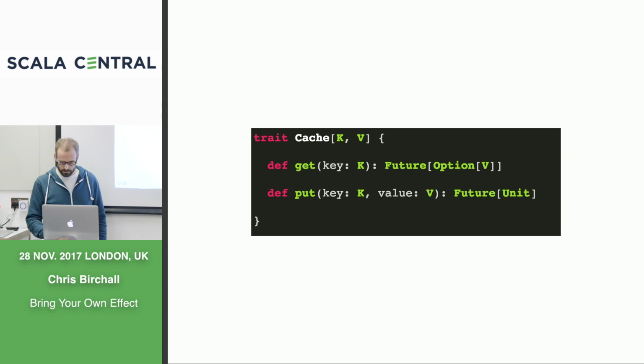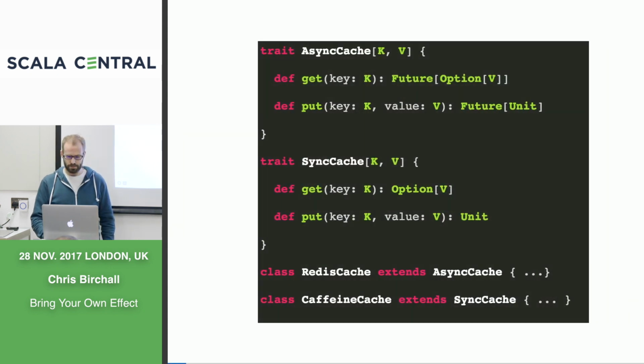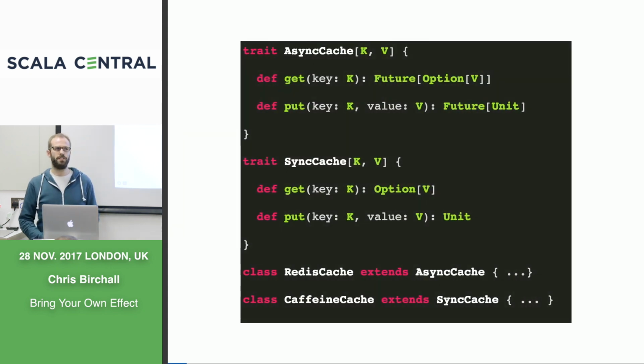But then sometimes you don't want that. Sometimes that's just overkill. If, say, you're working with a cache implementation that is backed by Caffeine or Guava, it's in memory, it's not going to fail, it's not going to take 5 seconds to complete, it's going to take nanoseconds. So Future is just really annoying to work with. So maybe you want to have an async version and a sync version, 2 different types of cache.